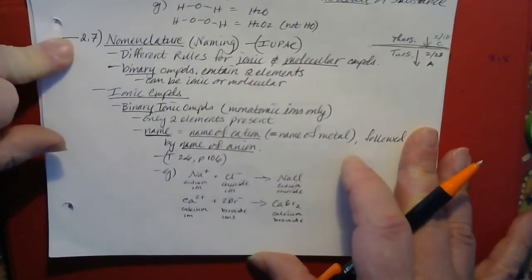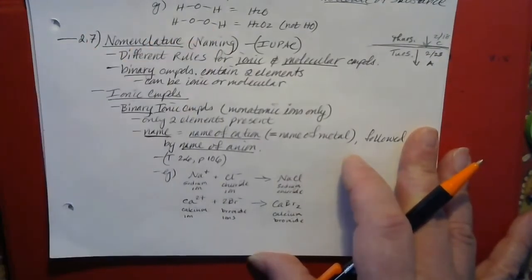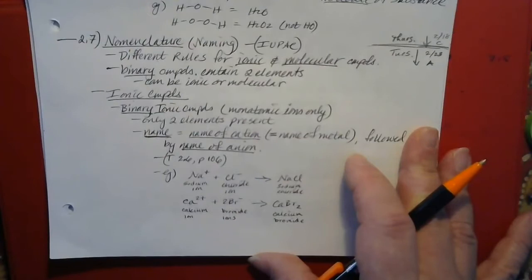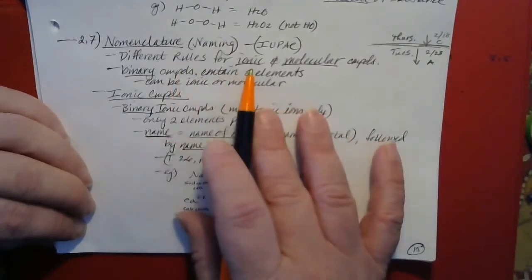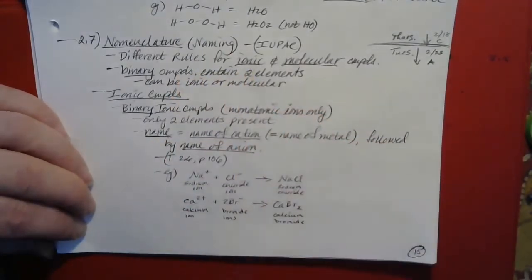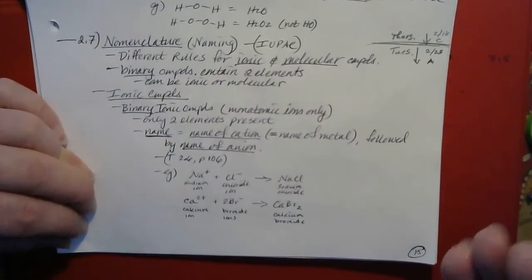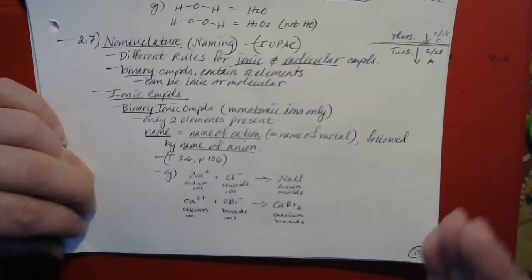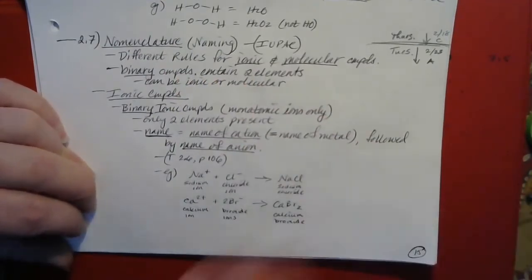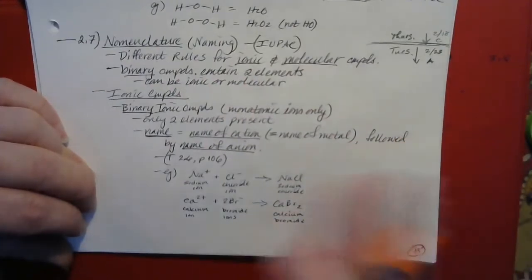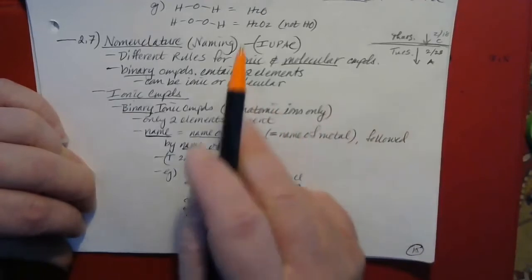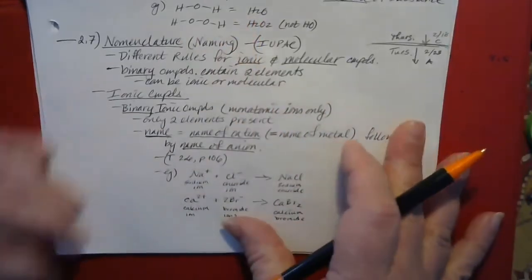Where we actually left off was with nomenclature. Nomenclature is just a fancy name for naming compounds. And in naming compounds, there are actually several different ways to name compounds. A lot of compounds, especially ones that have been known for a long time, will often be known by common names, which don't really follow any set of rules, like water for H2O.